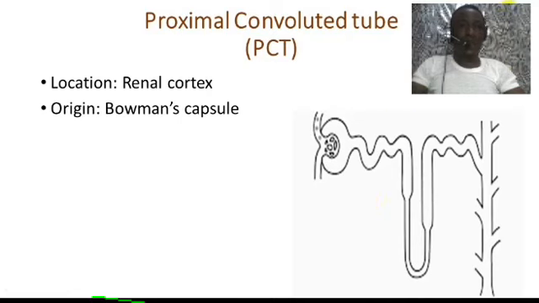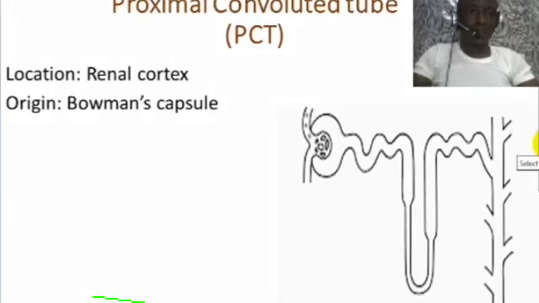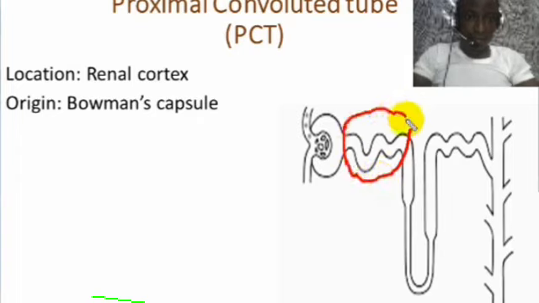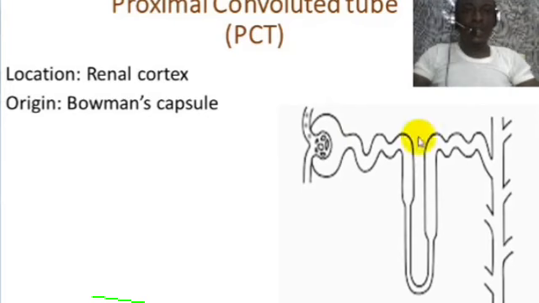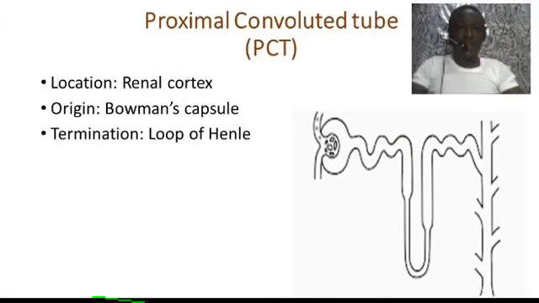It originates from the Bowman's capsule. That means it takes its origin from here, the Bowman's capsule. From this part to this part is actually the PCT. It takes its origin from the Bowman's capsule and terminates at the loop of Henle, the thick descending loop of Henle.